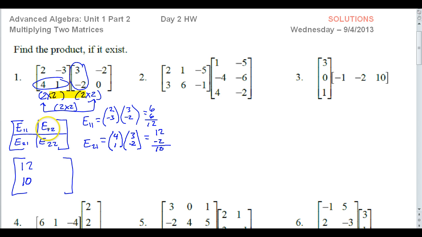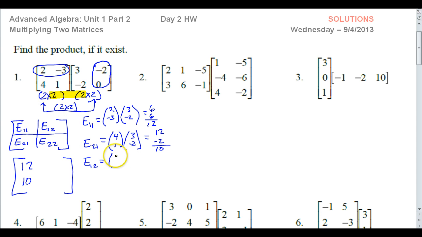Now I'm going to find, for example, element 1, 2. I'm finding this element right here. That's going to be row 1, column 2. So let me start that over. Now I'm talking about row 1, column 2.